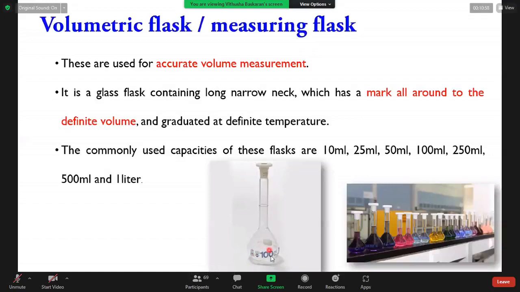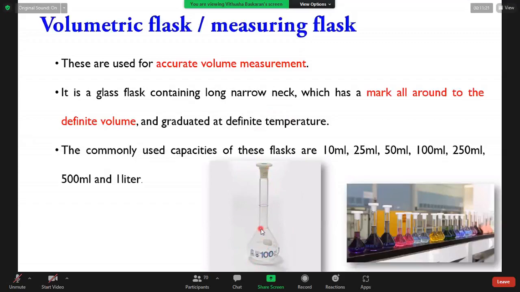Here at the bottom of the flask, you can observe 100 milliliter. So that means in this flask, you can fill up to 100 milliliter. Here you can observe a circular round mark. Up to this mark you have to fill, and it will be a definite volume, that this particular volumetric flask will hold 100 milliliter.